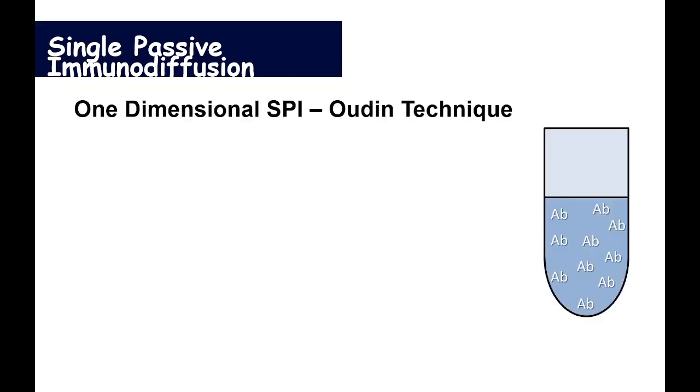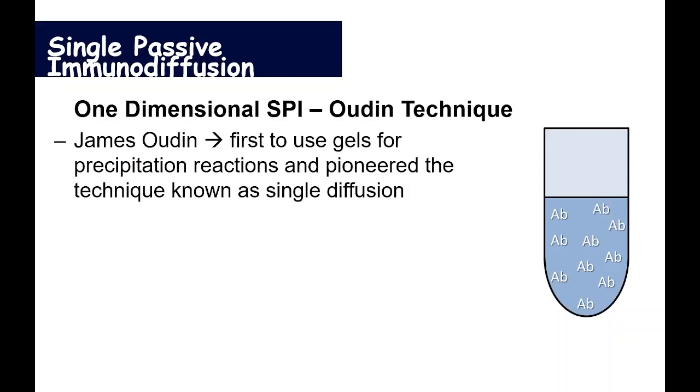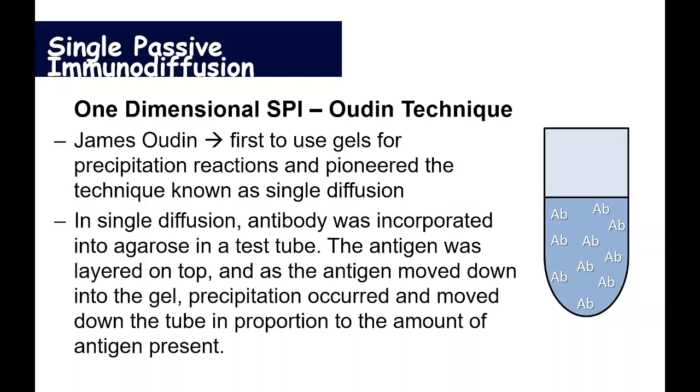For the Oudin technique, this was introduced by Jacques Oudin. He was the first to use gels for precipitation reactions and pioneered the technique known as single diffusion. In single diffusion, antibody was incorporated into agarose gel in a test tube, then the antigen was layered on top.